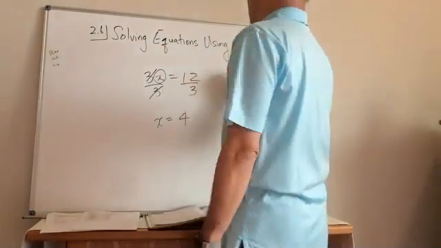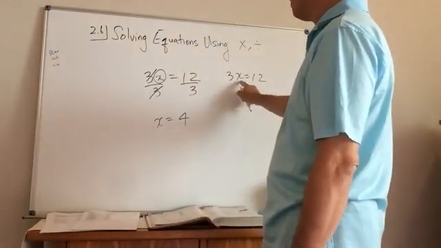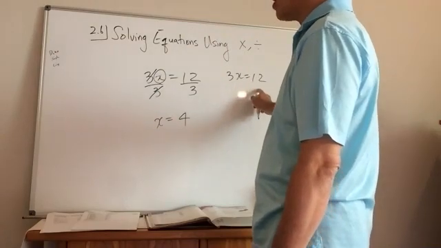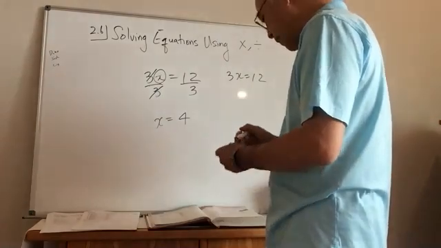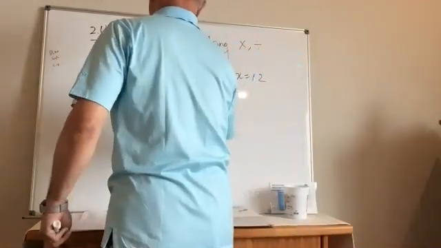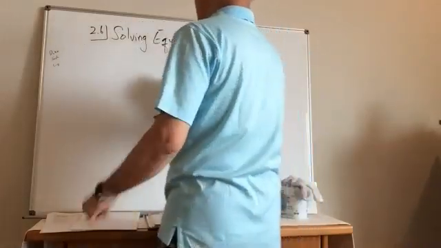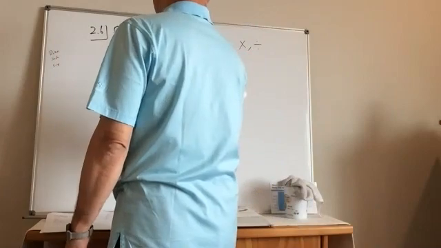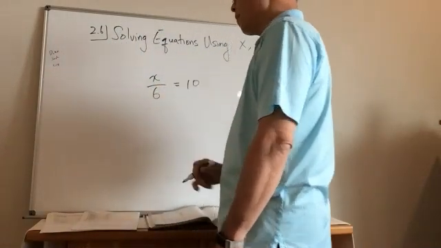So your original question was 3x is equal to 12. Some number times 3 was going to be equal to 12, and that some number happens to be 4. And that's how we solved that. Okay? So the flip side would be this. What if I had some number divided by 6 is equal to 10?